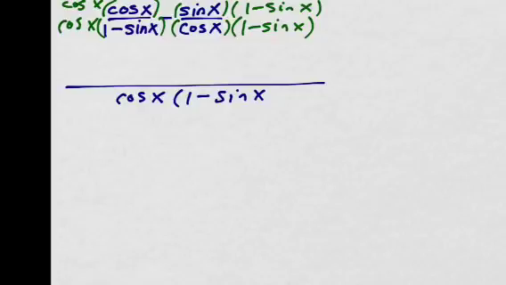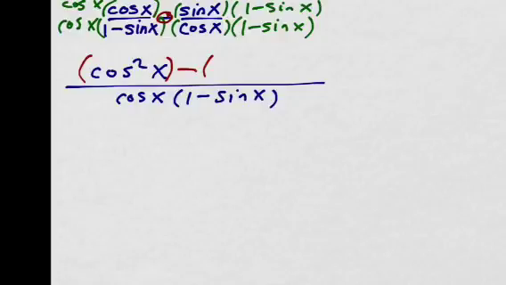Okay, so the left-hand fraction, the numerator has become cosine x times cosine x, which is cosine squared x. And then I'm going to put the minus sign there in red, just to help me remember that I'm really subtracting the entire numerator on the left minus the entire numerator on the right. So I'll put a parenthesis there.